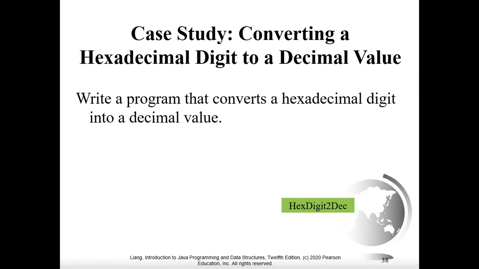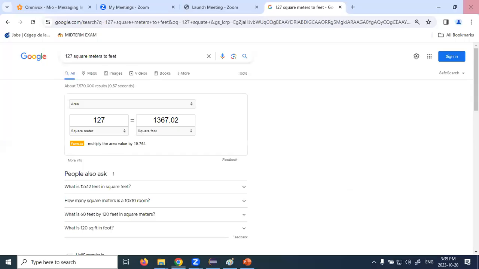Hexadecimal digit, 4 bits. 8 bits is 2 digits. So if I give you 3 of them, for example, put them into 3 integers and you do the math logic. So first one is 16 to the power of 0. And 16 to the power of 1, 16 to the power of 2. Just multiply. So I'm going to write and show it to you.